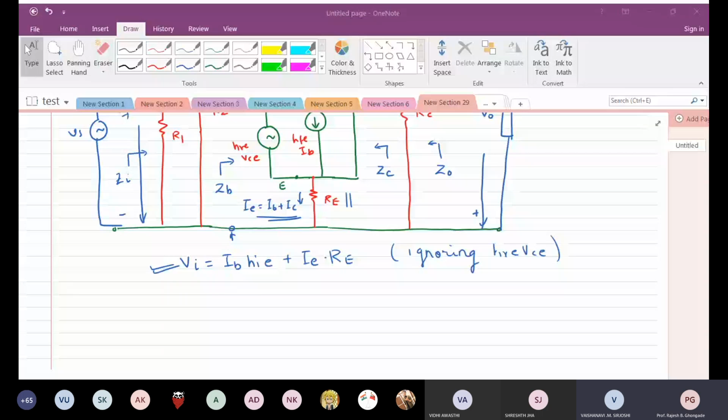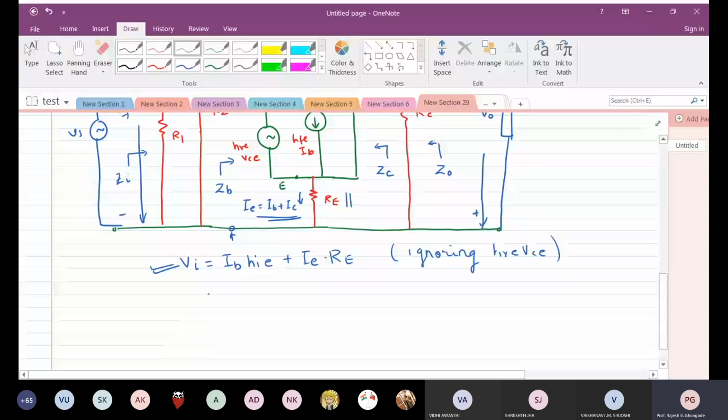All right. Now it becomes very easy to find out. So what is our big picture? What do we want to do? What is our objective? Our objective is to find out the ratio of VI to IB, isn't it? Once we do that, we can get an equation for the input impedance over there.